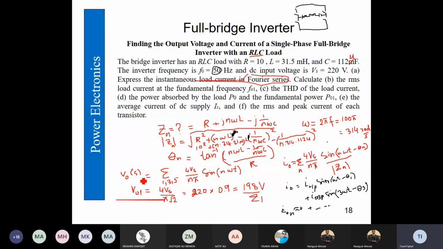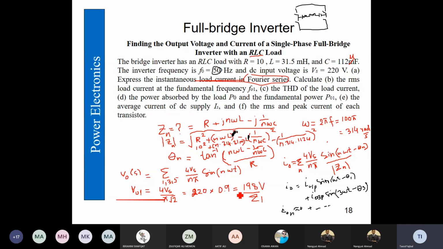So now output voltage is basically 4 Vs over n pi into sine n omega t. So for this we will be finding VO1. This is 4 Vs over pi, n equal to 1, and we divide by root 2. So we'll get 220 volts multiplied by 0.9, because this is the formula we already have for the first fundamental, and we can verify it by 4 Vs over root 2 pi.